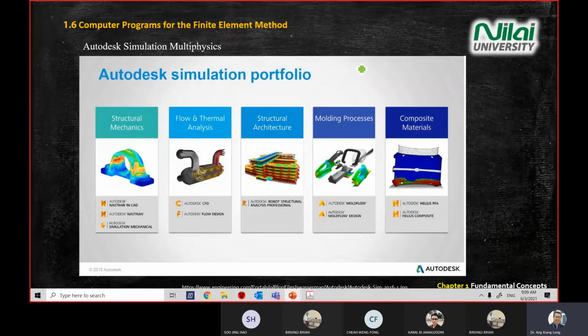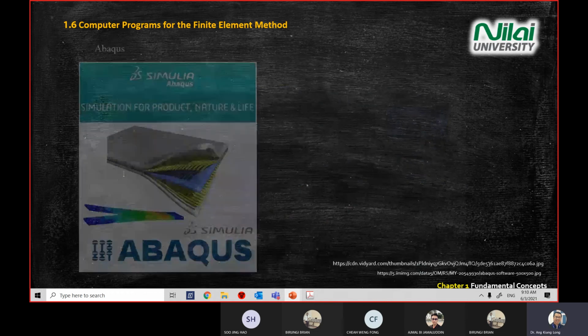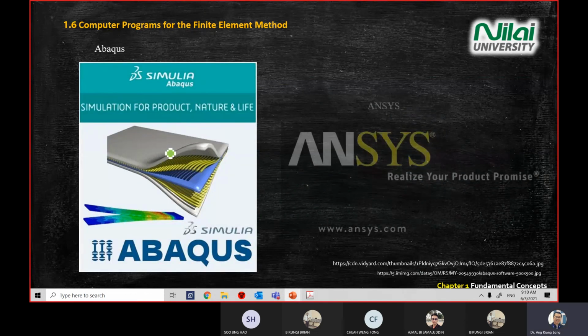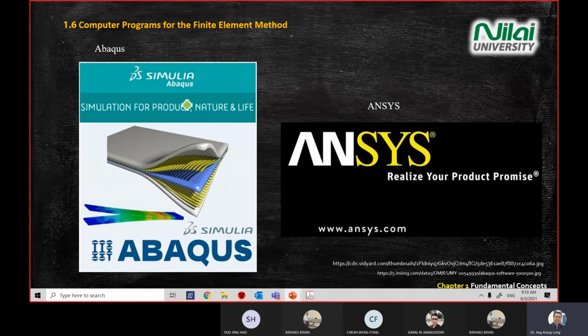Examples of programs that use finite element: Autodesk products, AutoCAD, Nastran, and all this. So if you are in the automotive industry, most of the time, for example, Proton in Malaysia, most of their design engineers use Nastran for crash analysis. Another one is similar also.